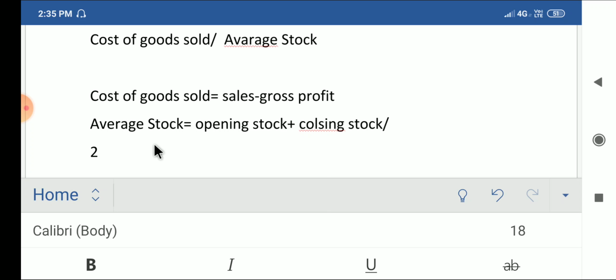The formula of cost of goods sold is equal to sales minus gross profit. And how to calculate average stock? Average stock is equal to opening stock plus closing stock divided by 2.